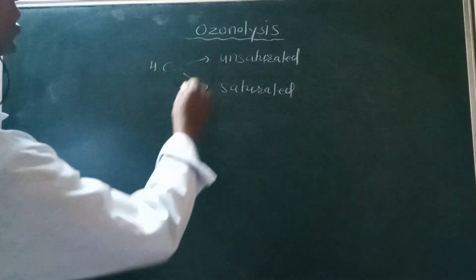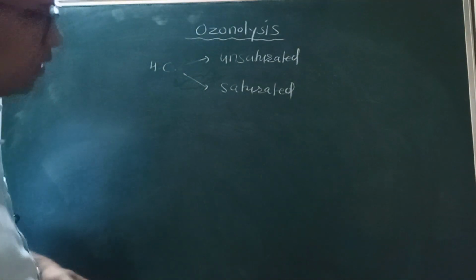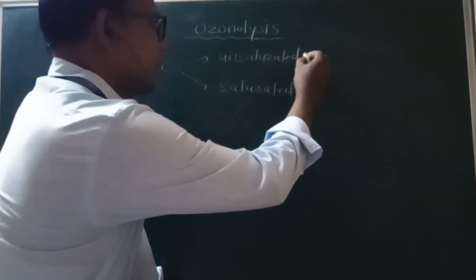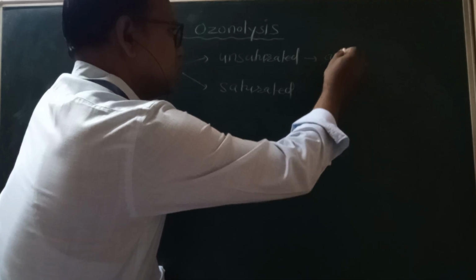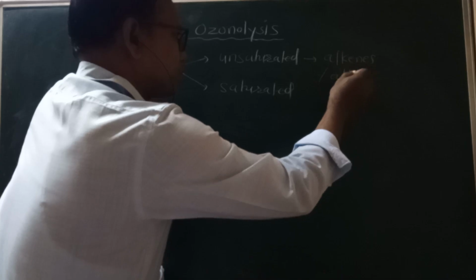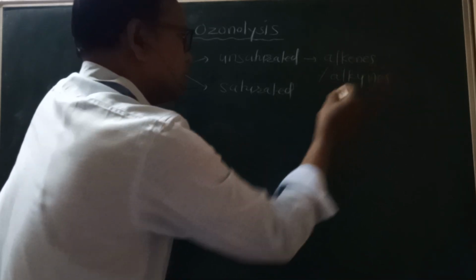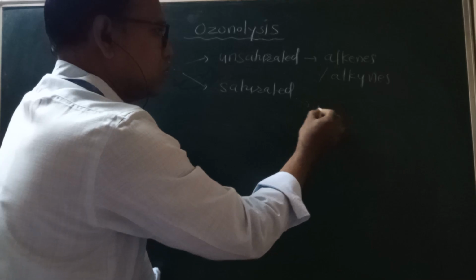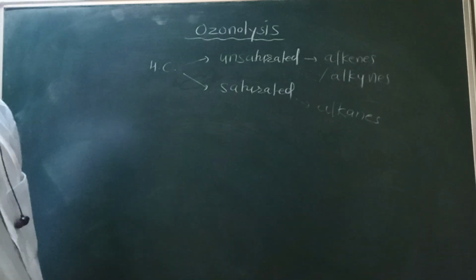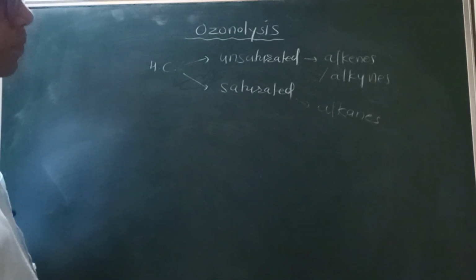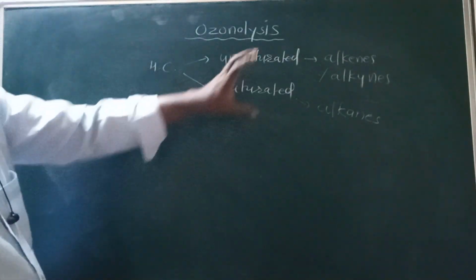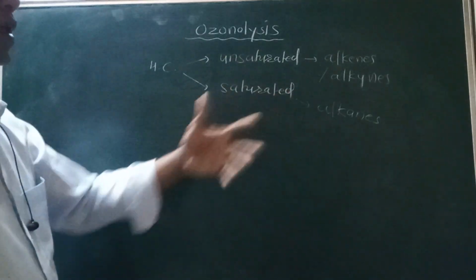Unsaturated hydrocarbons include alkenes and alkynes, while saturated includes alkanes only. Today we want to discuss ozonolysis, and our reactants are going to be either alkenes, alkynes, or even cycloalkenes.